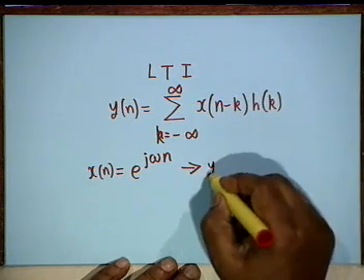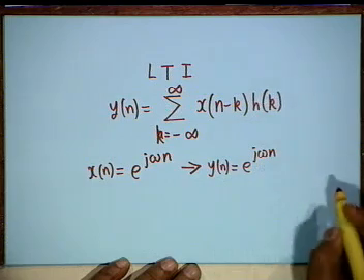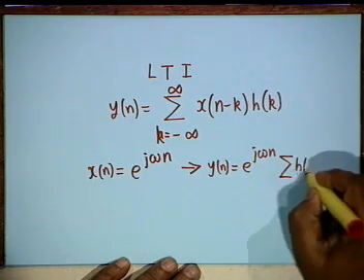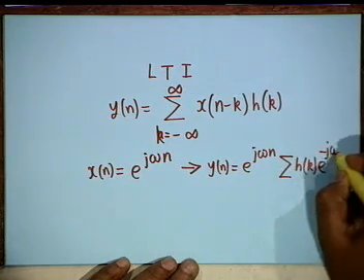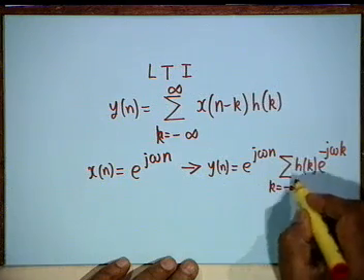So, I get the output as e to the power j omega n multiplied by summation h k e to the power minus j omega k, k going from minus infinity to plus infinity.